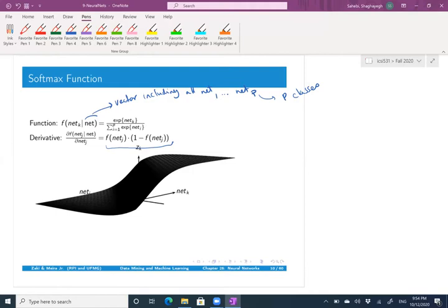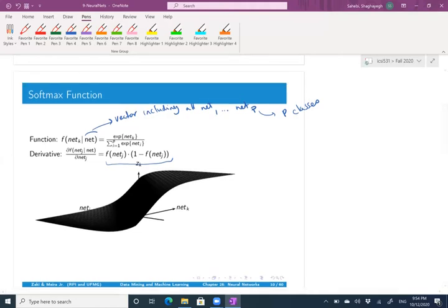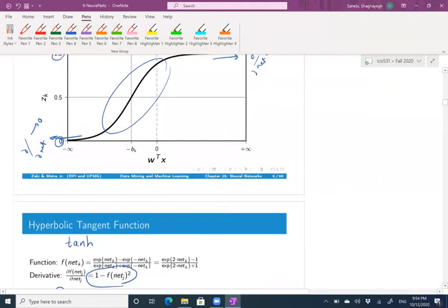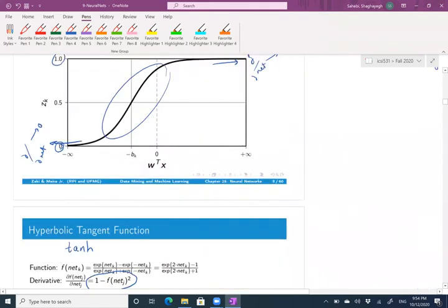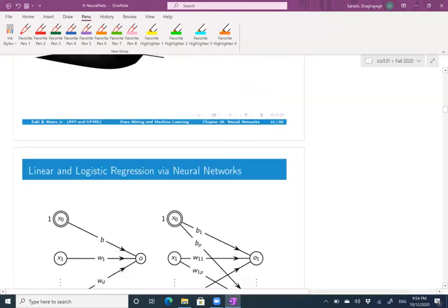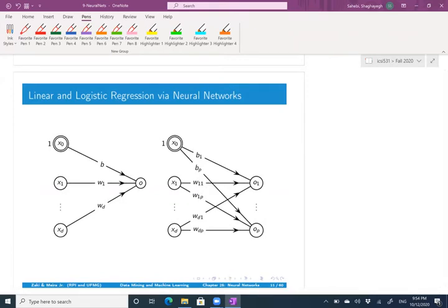So now that you are familiar with all the popular activation functions, let's go back and see what kind of functions we can represent with neural networks. I said that we can represent the linear regression and logistic regression models using neural networks, right?